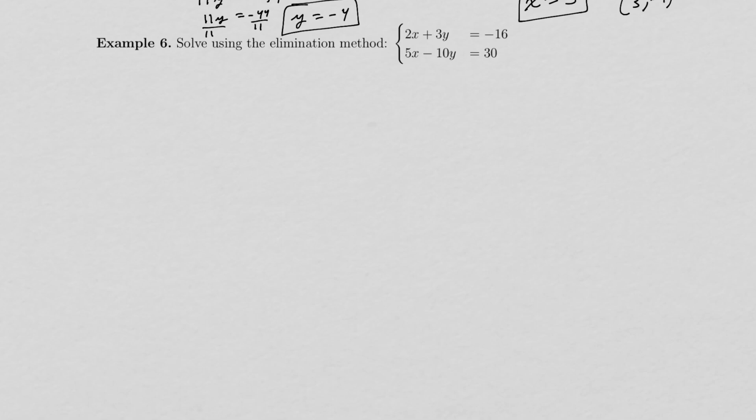I don't know. Let's say we want to eliminate the x's again. So right now I have a 2 here and a 5. The lowest common multiple of 2 and 5 is 10. So I want to make one of these a positive 10 and one of these a negative 10. It doesn't matter which. So here, I'm going to write this again.